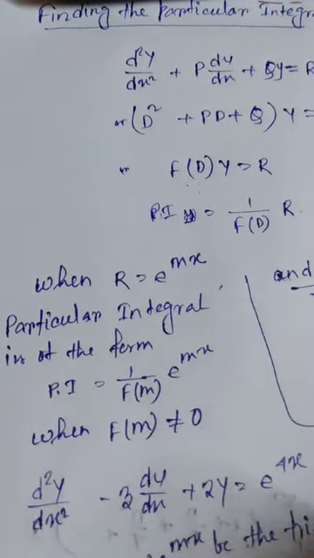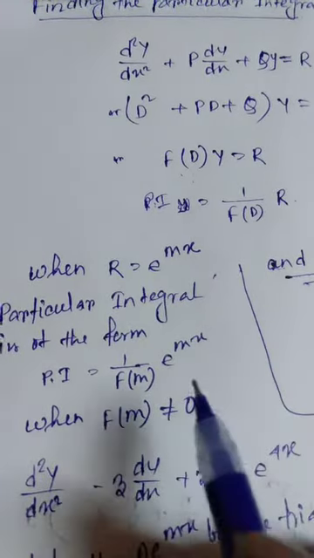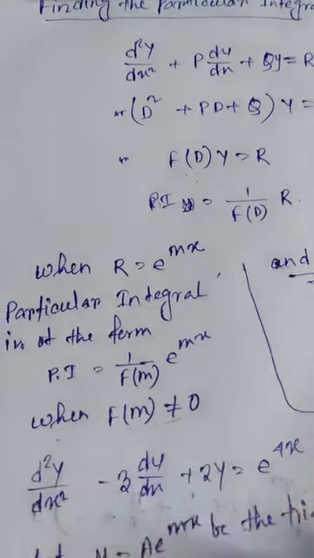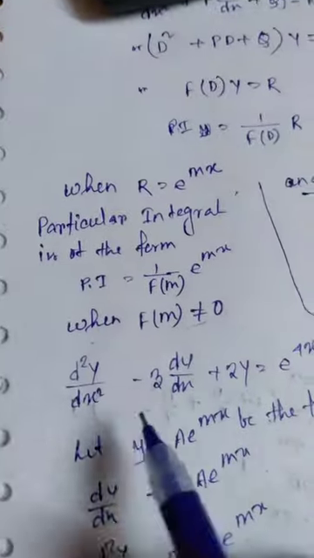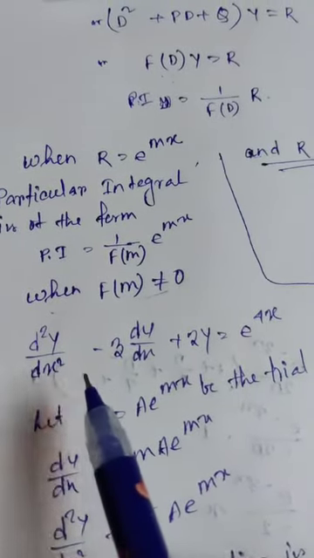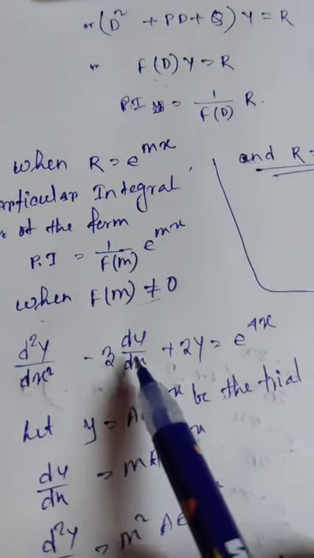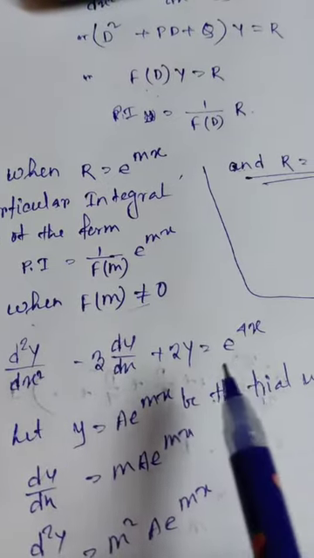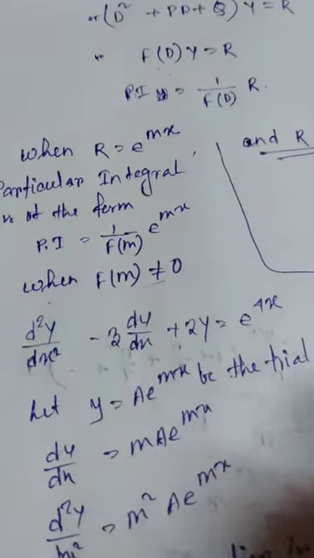So first let us try to solve one problem regarding this. Here we take the question d2y/dx2 minus 3 dy/dx plus 2y is equal to e to the power 4x.